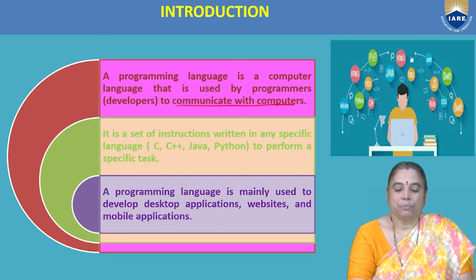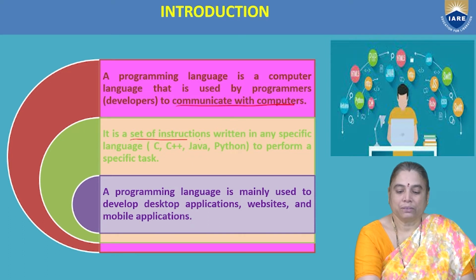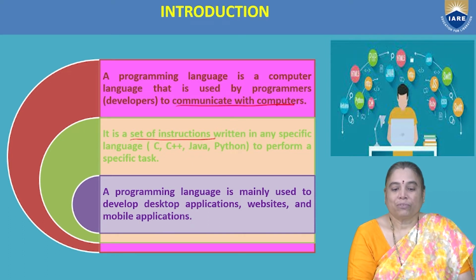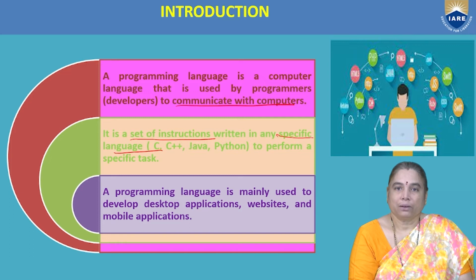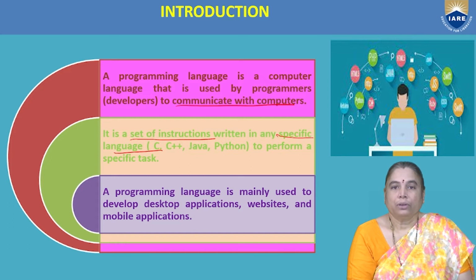By using these programming languages, the user can write a set of instructions to perform any intended task or functionality. Here the user can write either application programs or system programs.